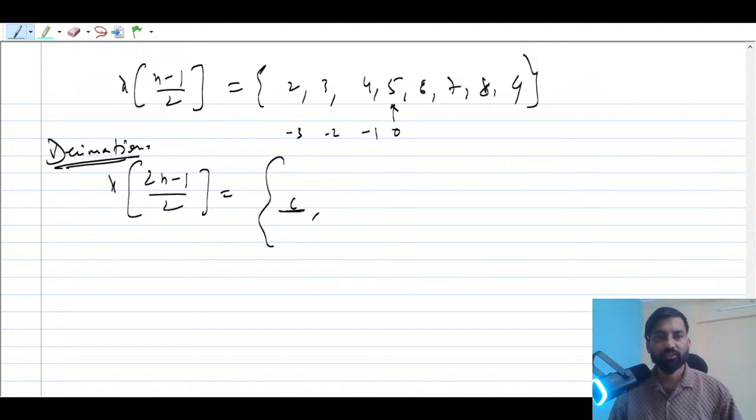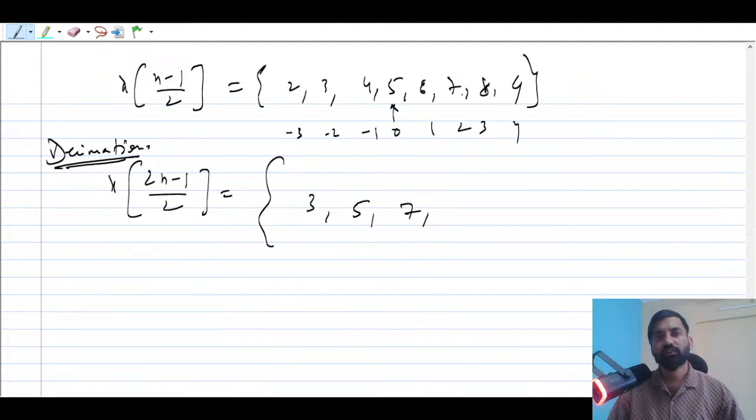Now it is going to be 0 here, and this will be the only thing, 3. Okay, understood? So it will have minus 1. So I'm going to write those integers which are going to be retained: 3, then 5, then 7, because this is 1 2 3 4. So 7, and then this is 4 here.